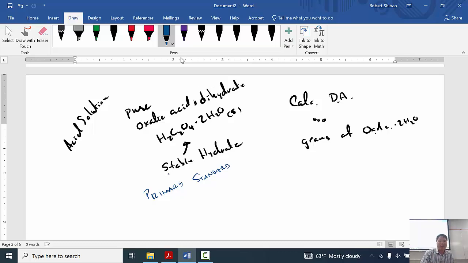Primary standards have to be stable and relatively pure and a solid, usually a solid. In other words, a primary standard has to have what we call a reliable weighing form.